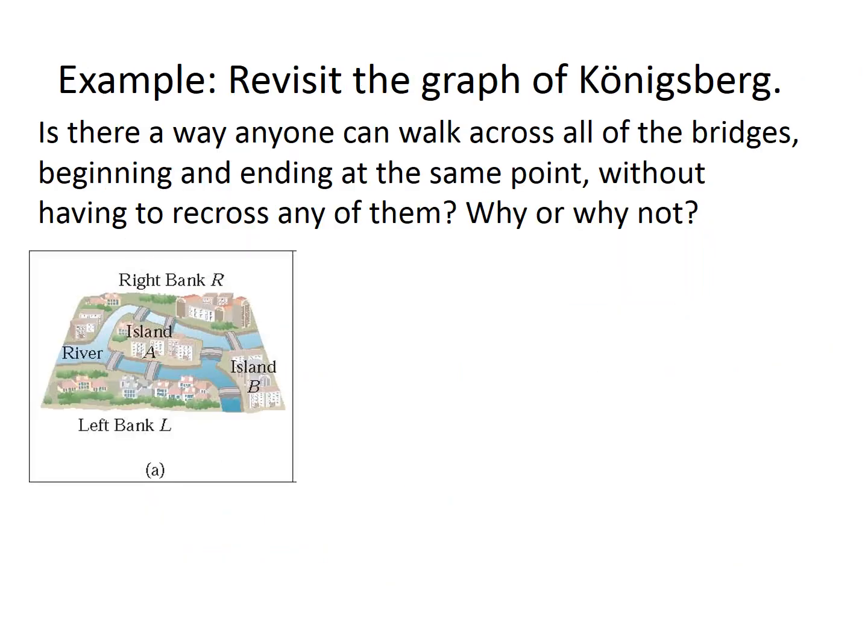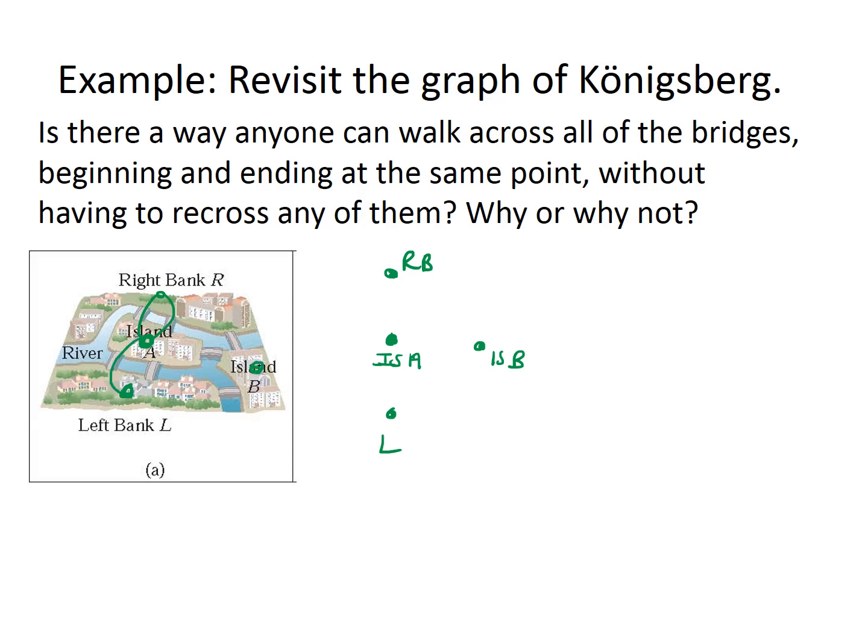All right, now we're going to revisit our graph of Königsberg. Again, let's go ahead and draw our graph version of this. We had the right bank, the island, or now it's actually labeled island A, island B, and our left bank. And those land masses, remember, are the vertices.